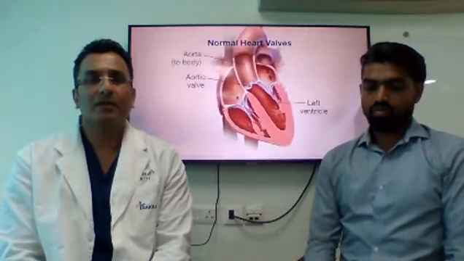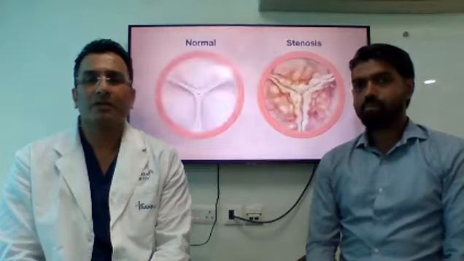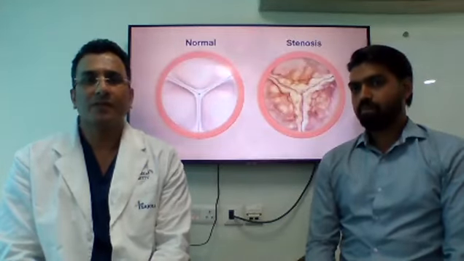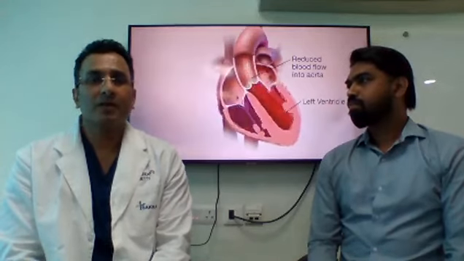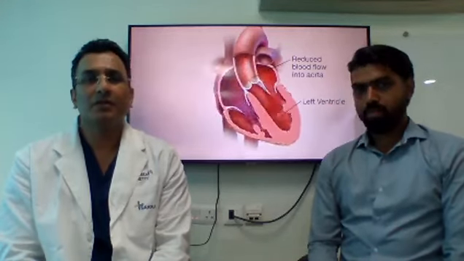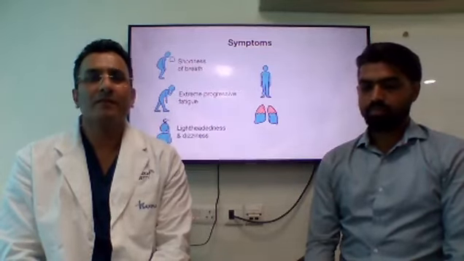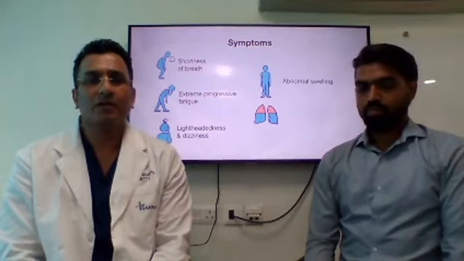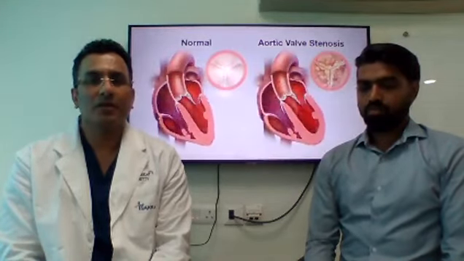There are different companies that make these valves, such as Edwards, Medtronic, Boston Scientific, and Meril Life Sciences, etc. All of these valves have been used in hundreds of thousands of patients worldwide, with proven efficacy, safety, and long-term durability.